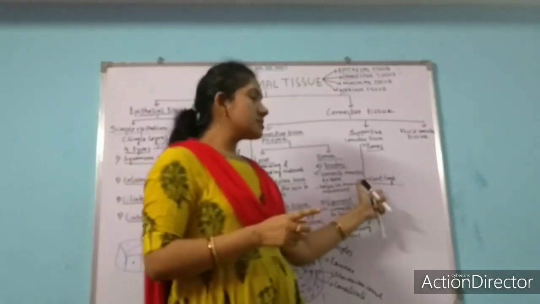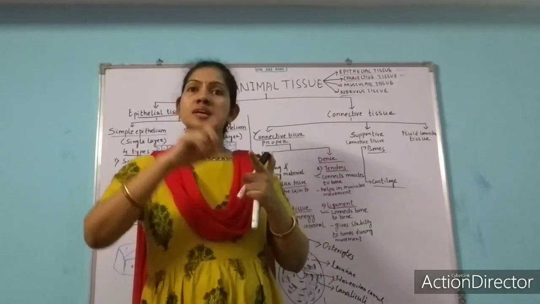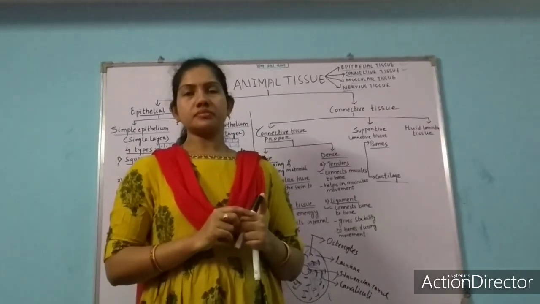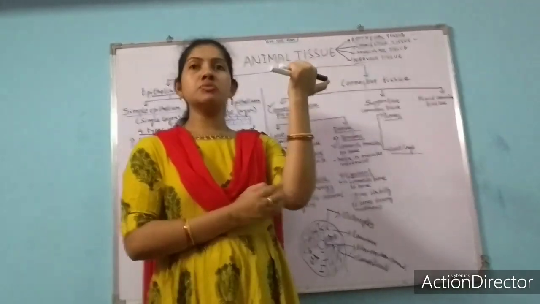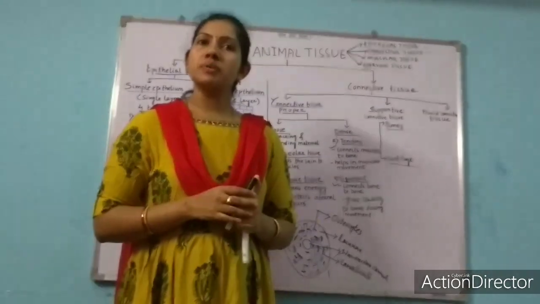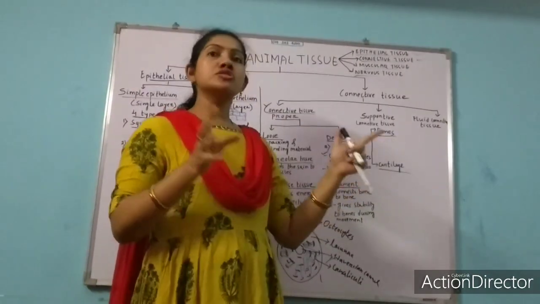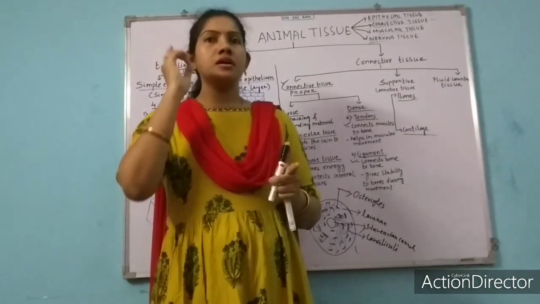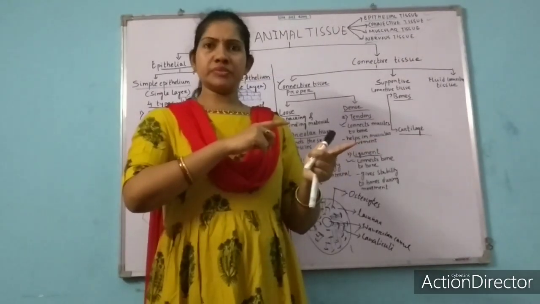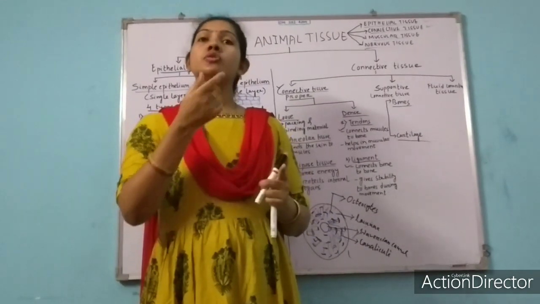So cartilage are present towards the end of each bone. Towards the end of each long bone, in between the junction, cartilage are present. So cartilage are soft bones. For the location of cartilage you can write ear, nose, the end of bone, or also trachea.